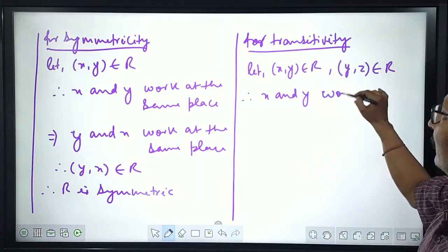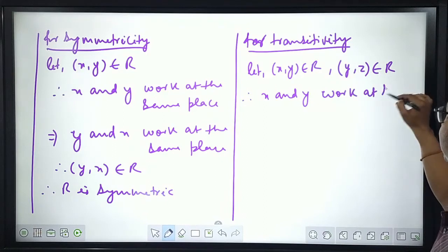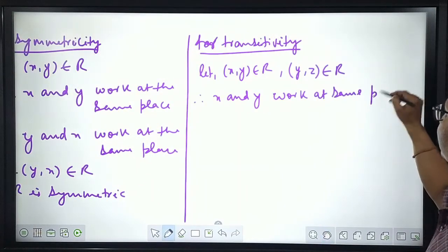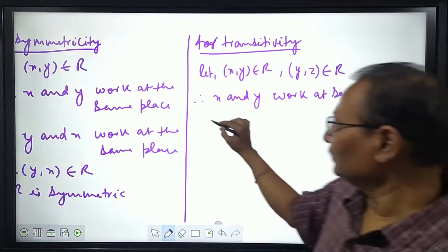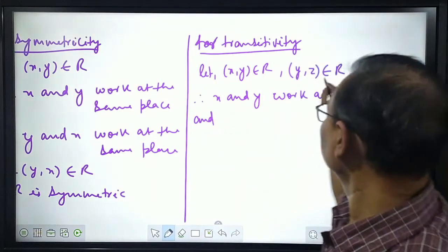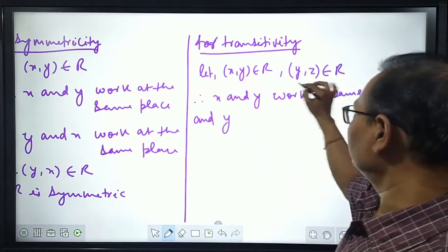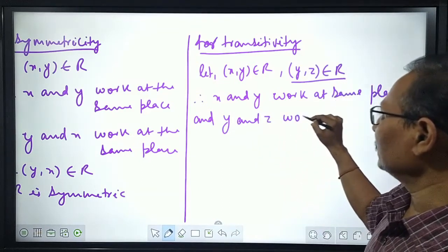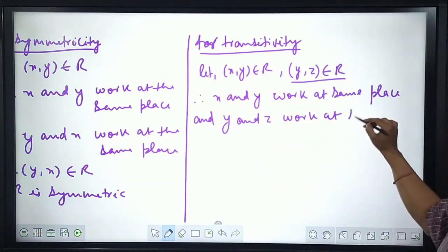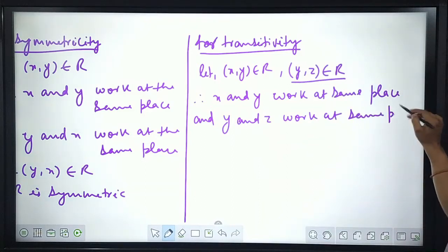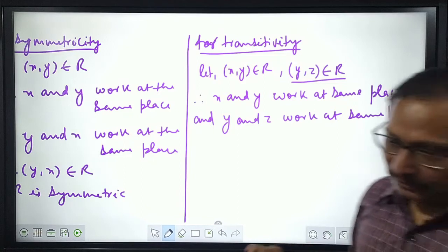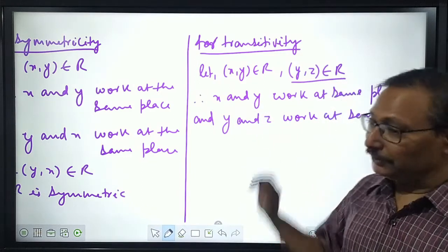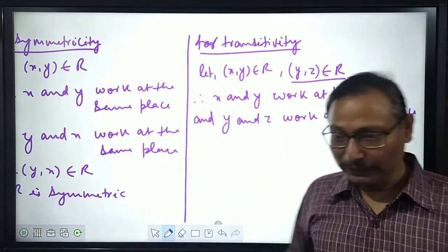Okay, now if x comma y belongs to R, therefore x and y work at the same place, and y and z also work at the same place. Look here. If x and y are working at the same place, that means where y works, x is also working.